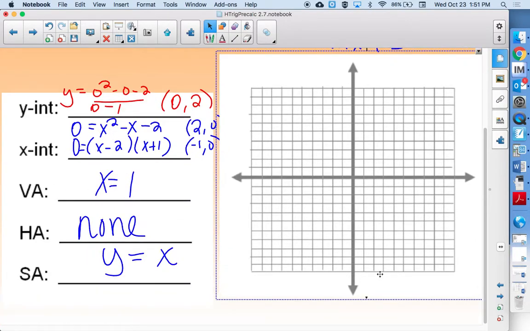Taking this information and plotting all of the points that we have: y-intercept, x-intercept, asymptote, and then you need to graph y equals mx plus b. I should have a dashed slanted line: 1x plus 0. So my y-intercept for my slanted line is 0, and my slope is up 1 over 1.